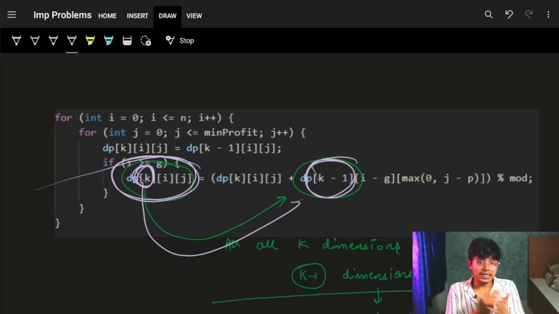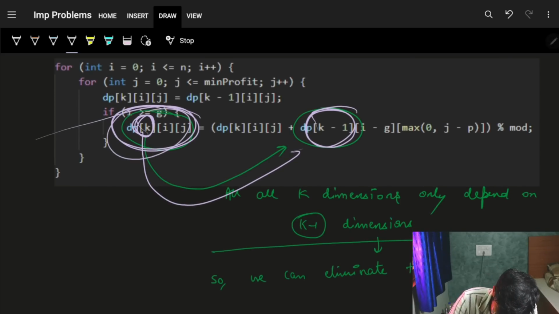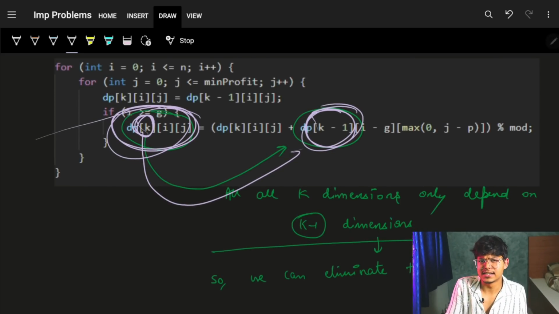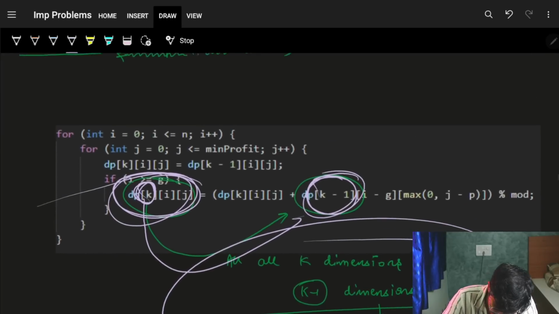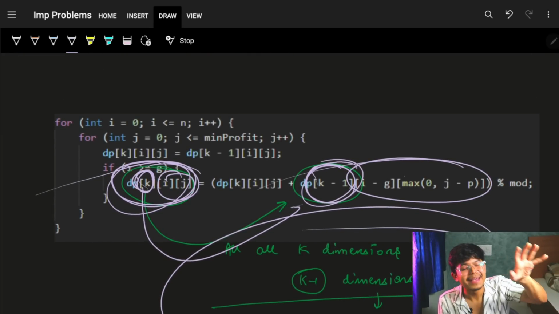That's the reason I can just eliminate that. I don't want all the past states, I just want the last state itself. So I can just have my i and j and nothing else. The code will remain exactly the same.